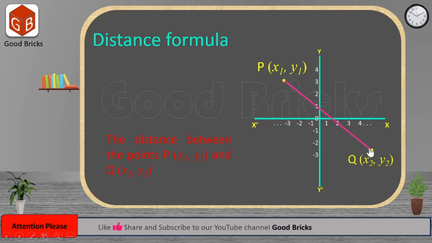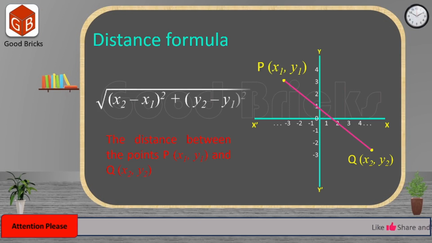See, this is the distance between 2 points. So to calculate the distance between these 2 points, we have to use root of x2 minus x1 whole square plus y2 minus y1 whole square, and this formula we call it as distance formula between these 2 points.